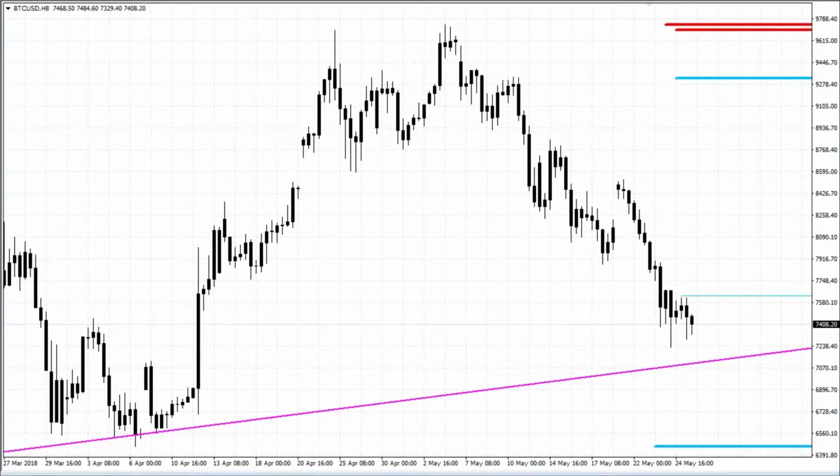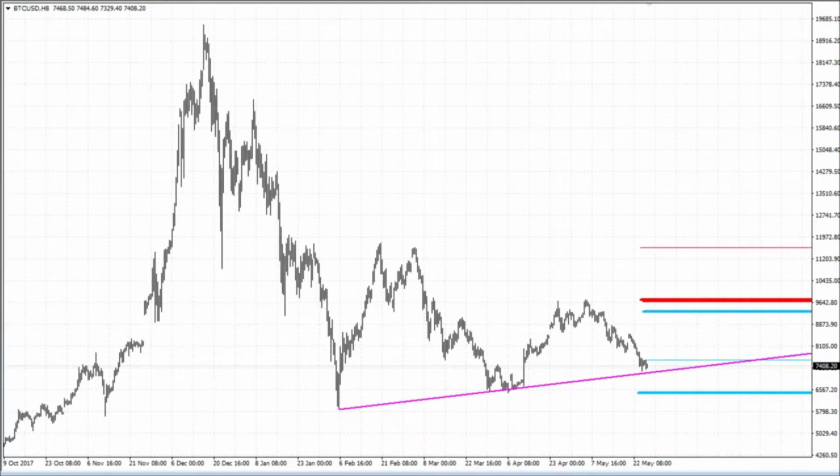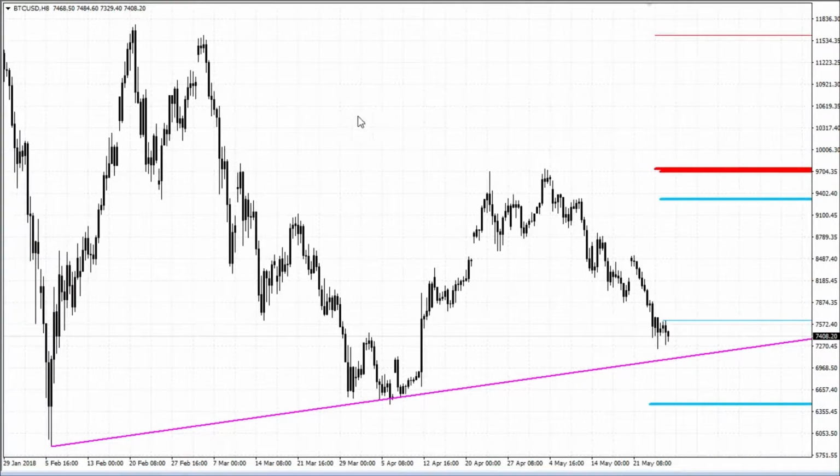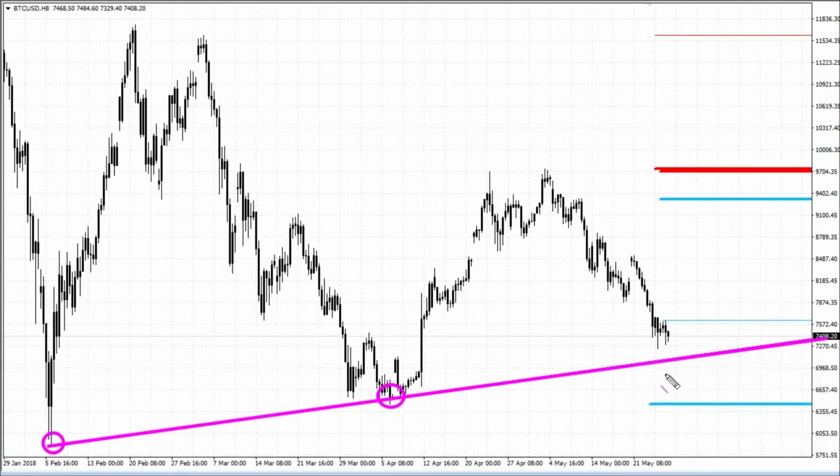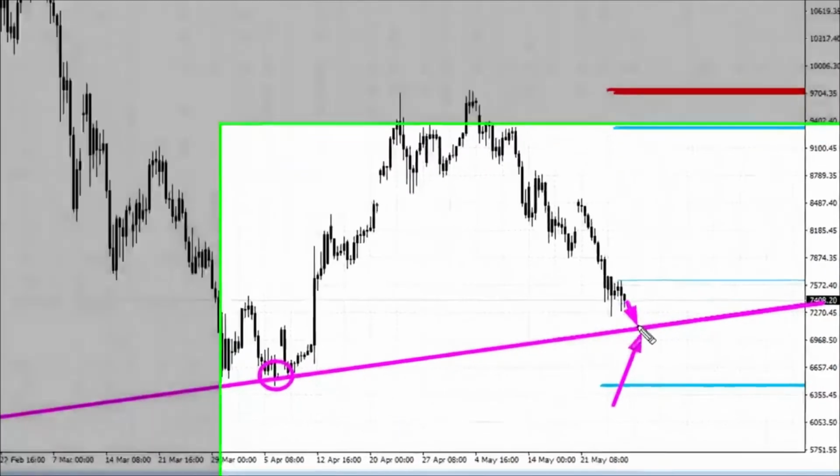I want to show you this, which is, you will see there is this trend line. Okay, that's the purple line I've drawn on my chart. As you can see, I've drawn this purple line connecting these major lows, okay? And if we just put a line through them, as I've done, you can see there's a probability that there may be some support right at this level in case Bitcoin comes down to that level.